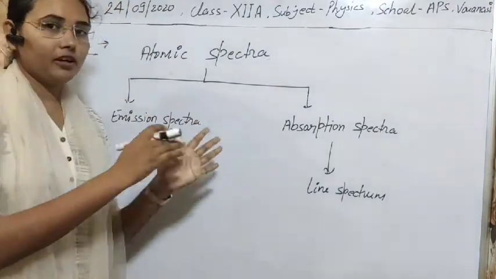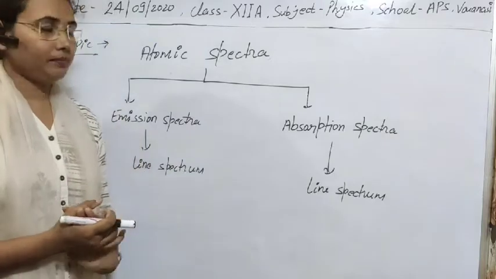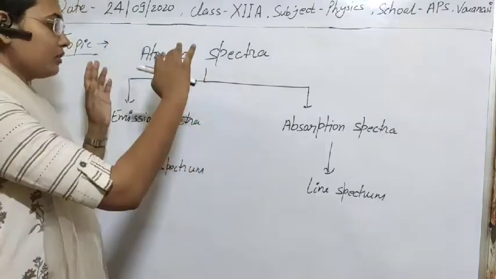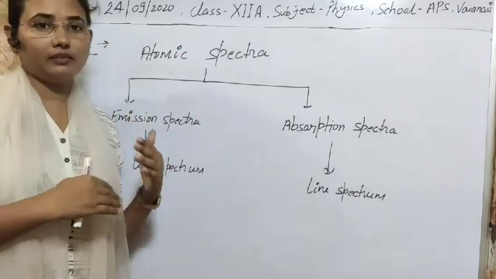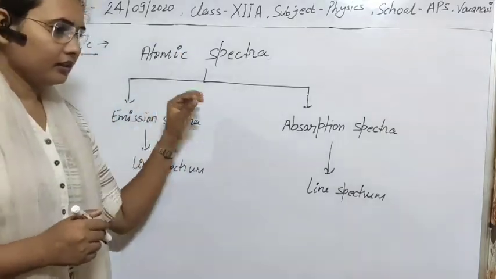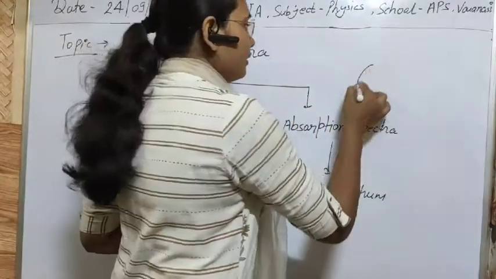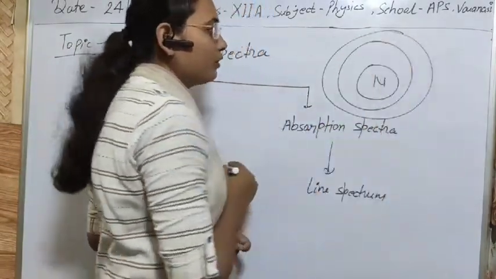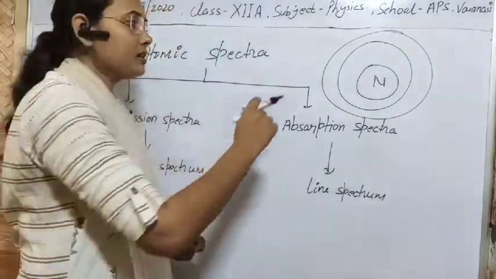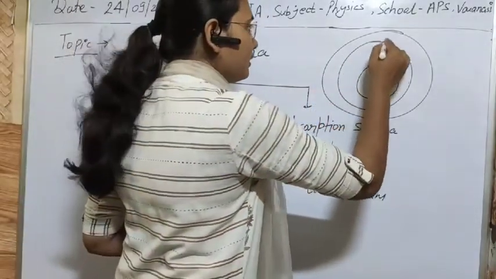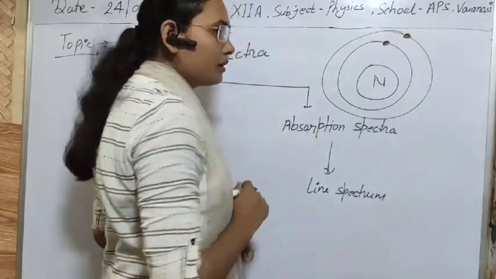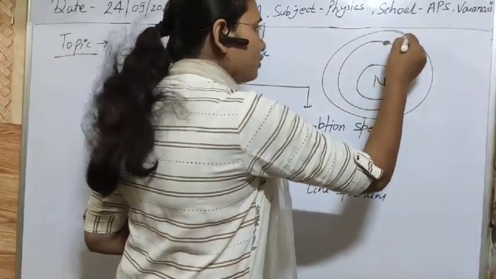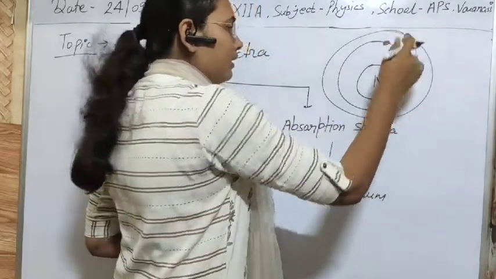From this concept we are entering the field of spectrum, and as you know, this is where the concept of spectroscopy starts. As Rutherford told us, since electrons are revolving around the nucleus in circular orbits, they are revolving in every possible circular orbit.